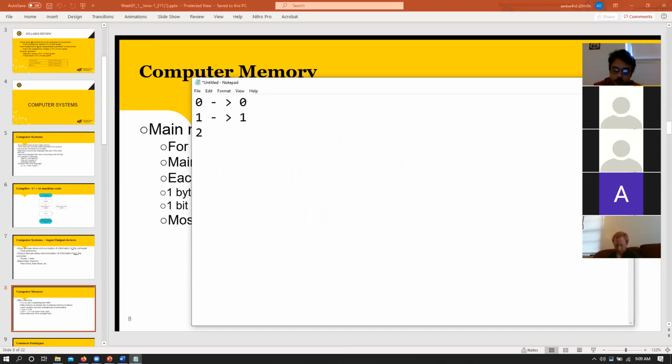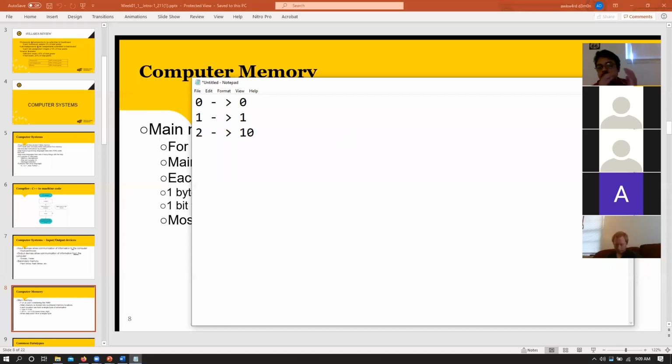Now let's say that we want to represent the value 2. Tell me, what can I use to represent the number 2 in terms of ones and zeros? Because I have already used up 1 and 0, right? So if I cannot use 0 and 1 again, we need to represent the number 2 as 1, 0.